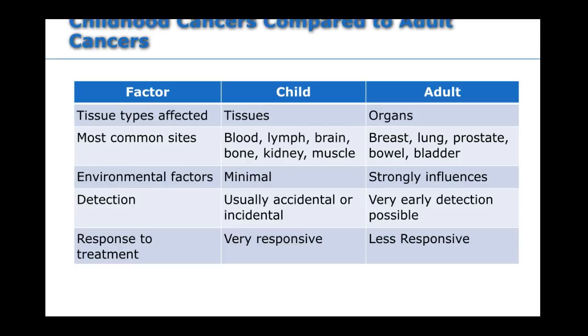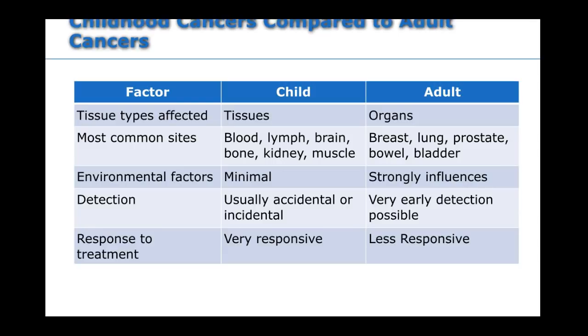All right, this is a very interesting chart, and there's an expanded version in the text that I want to touch on. The differences between kids' and adult cancers. In children, the biggest tissue type affected is the actual tissues. In the adult, it's the organs like the lungs, the prostate, the bowel, the bladder.